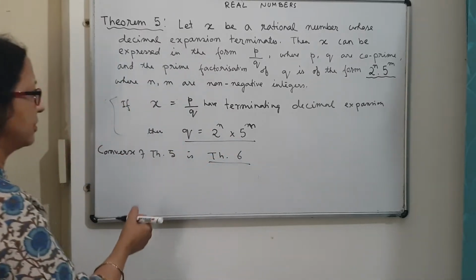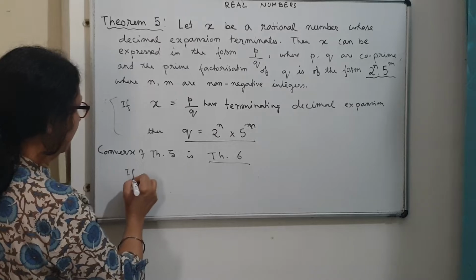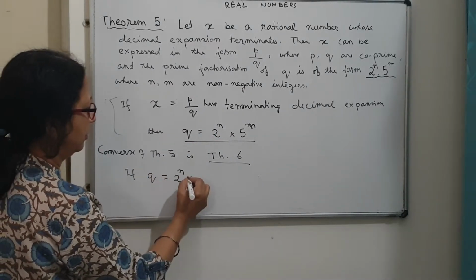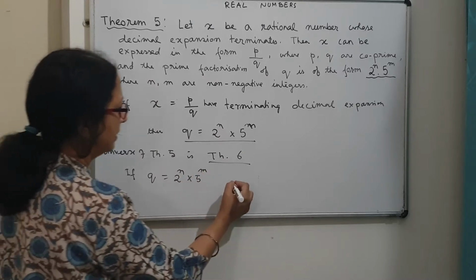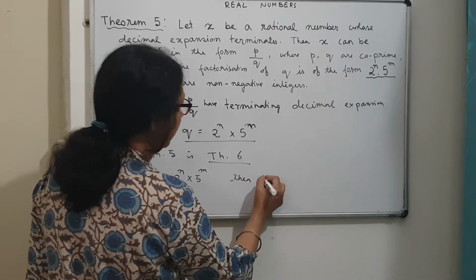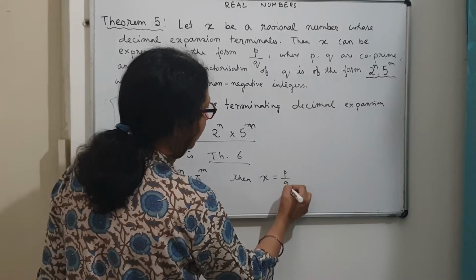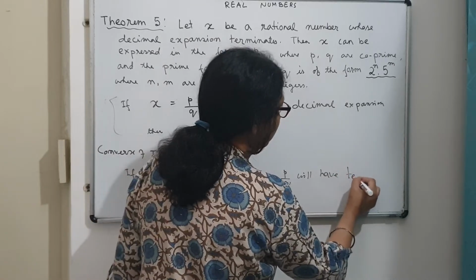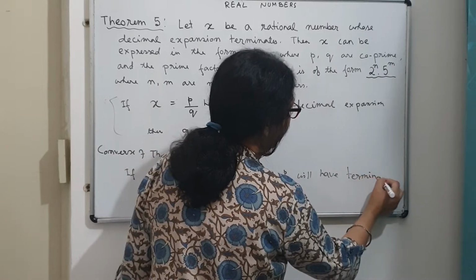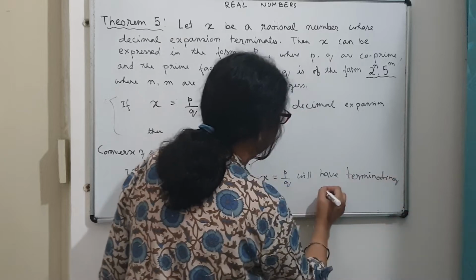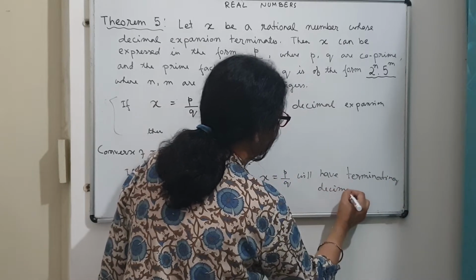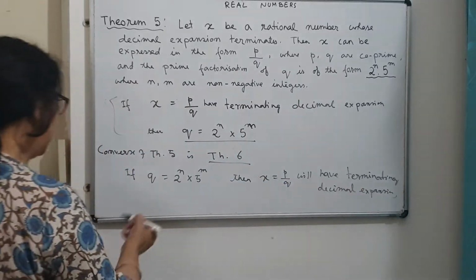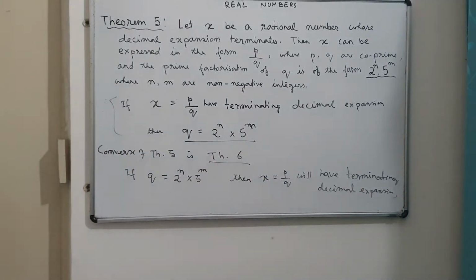The converse will be: if q is of the form 2 to the power n into 5 to the power m, then x, which is equal to p upon q, will have a terminating decimal expansion. So it is the opposite of this theorem.